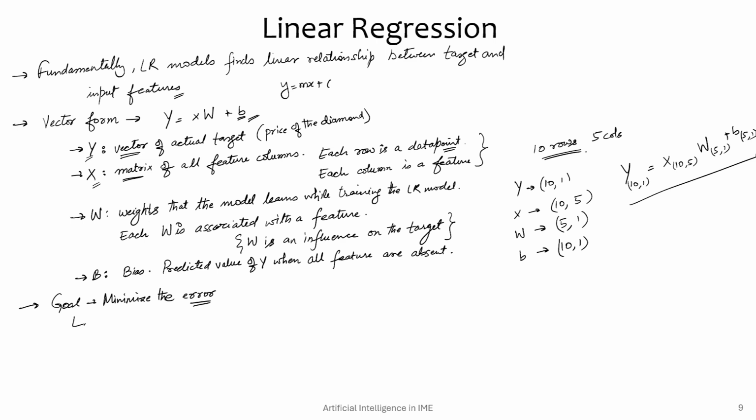And to reduce this error, or to achieve this goal, we need to optimize w and b such that the error gets reduced. Okay.